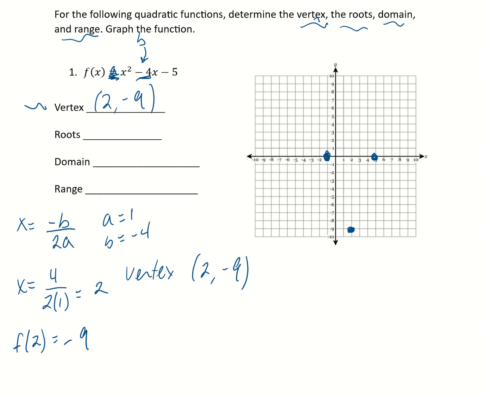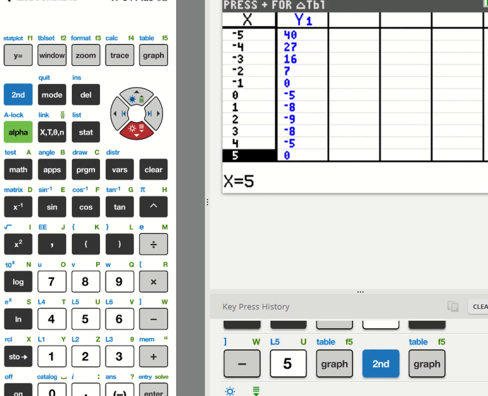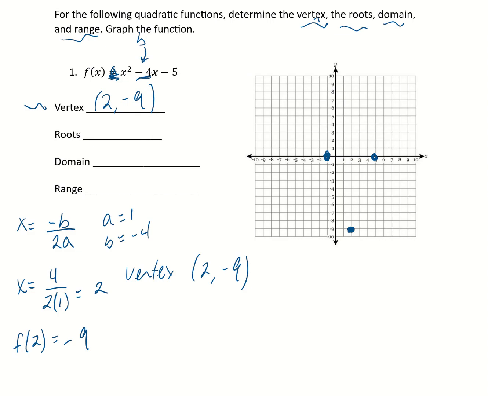And then I'm just going to plot 2 more points. Let's do 3, negative 8, and 1, negative 8. And you can see a nice parabola forming.